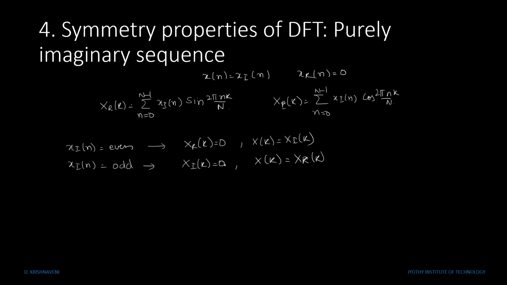What does this mean? If the input sequence is purely imaginary and even, then we get imaginary DFT. The DFT will be imaginary. Whereas if the input is an imaginary and odd sequence, then the DFT is real.